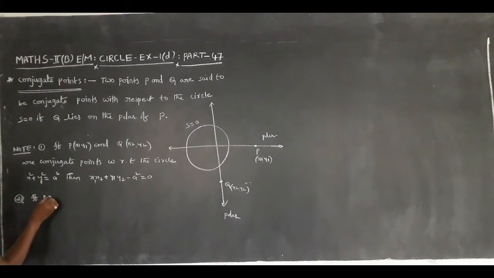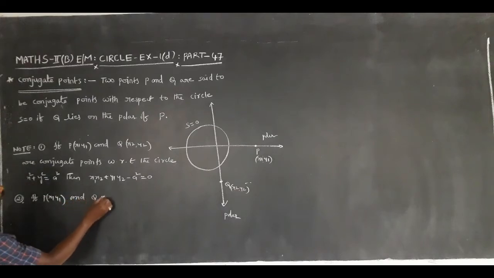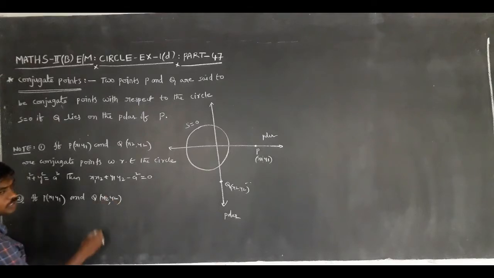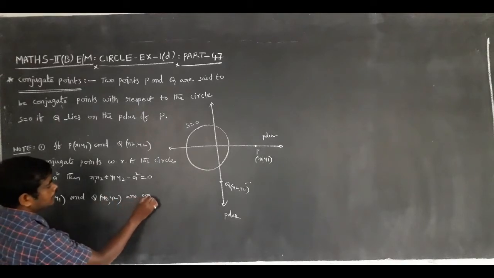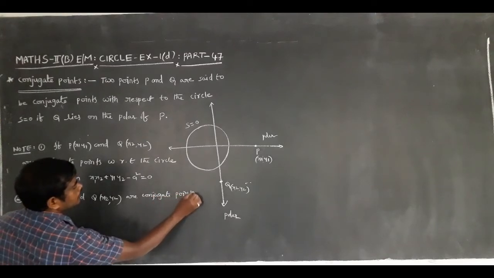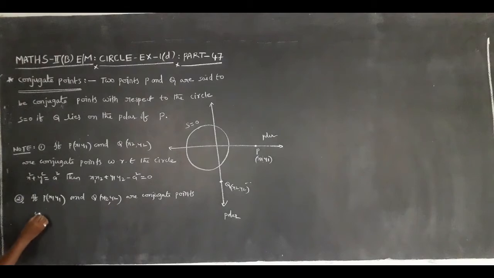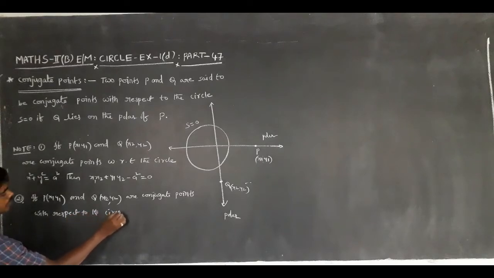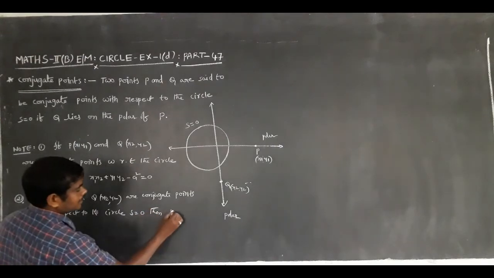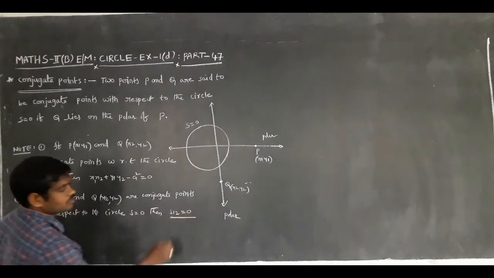Second one. If P(x1, y1) and Q(x2, y2) are conjugate points with respect to the circle S = 0, then S12 = 0.